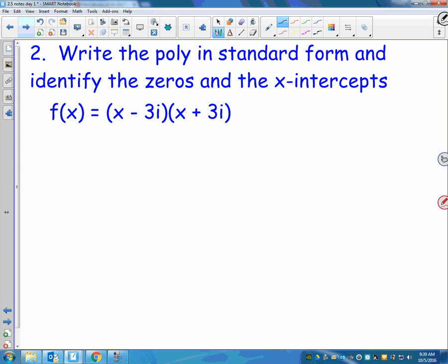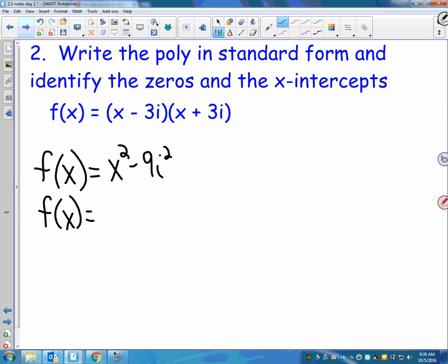X squared plus 9. You're right. Because you would get x squared minus 3ix plus 3ix minus 9i squared, which you're never going to leave i squared in your problem because it's just negative 1. So you're right. It's x squared plus 9. Standard form is multiplying it all out. So that's one thing you have to know.